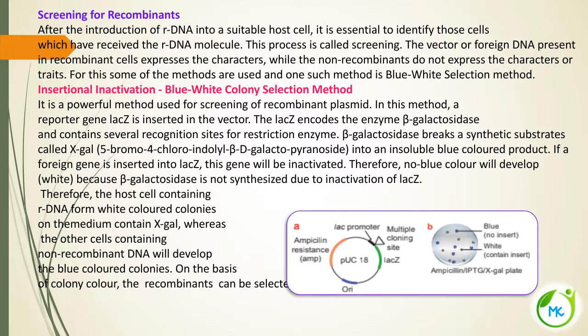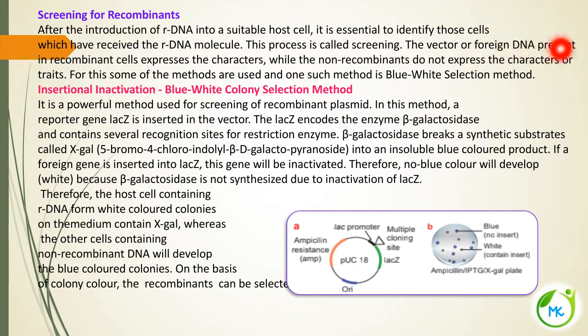That process is called screening of recombinants, because once we know which host cell has the recombinant, when we grow or separate that recombinant and manipulate it, we will get more product. So screening for recombinants means that after the introduction of the recombinant DNA into a suitable host cell, it is essential to identify the cells which have received the rDNA molecule. So which cell has the rDNA molecule? This process is called screening.